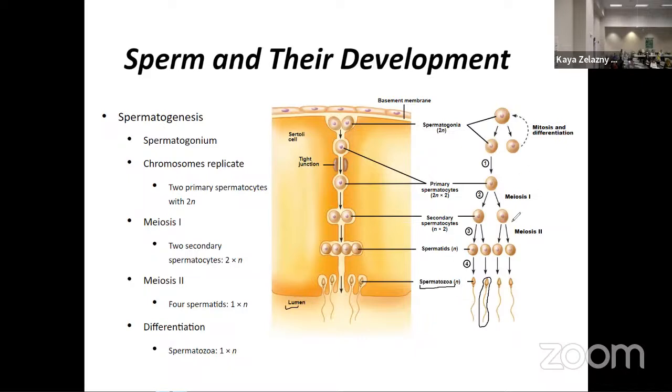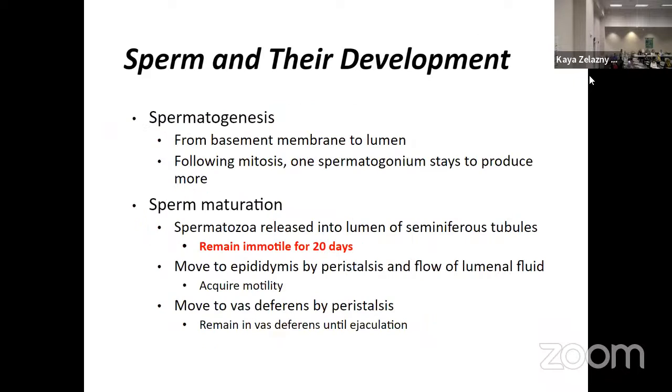So spermatids, when we just have a basic looking cell, we've divided the genetic information with meiosis. Spermatozoa, they're taking shape and we're putting them into the lumen. Okay. However, they're actually not ready yet to go fertilize anything. The spermatozoa that are getting released into the lumen of the seminiferous tubules are still immotile.